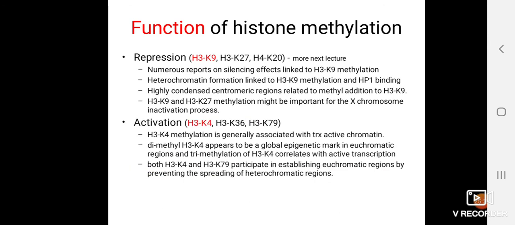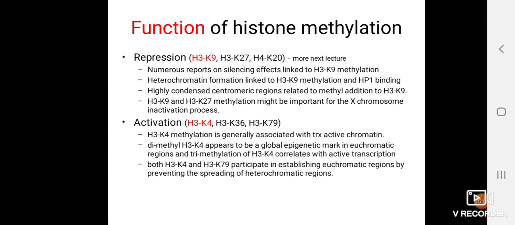So repression and activation both happen. Numerous reports exist regarding H3K9 methylation and conversion to heterochromatin. Highly condensed centromeric regions are related to methylation at H3K9, and H3K27 methylation is also found, along with K9, in the case of X chromosome inactivation.